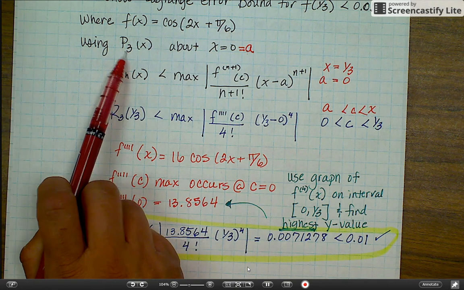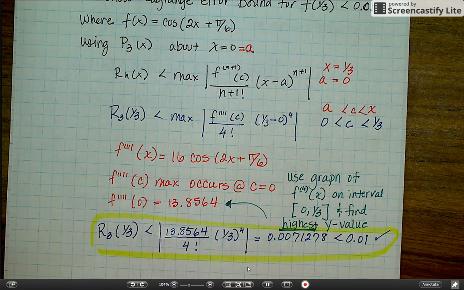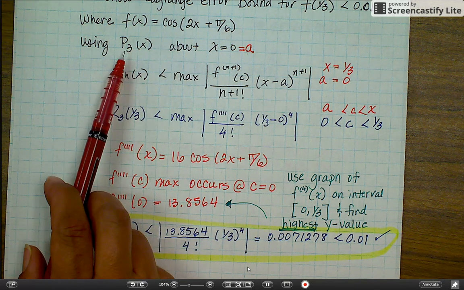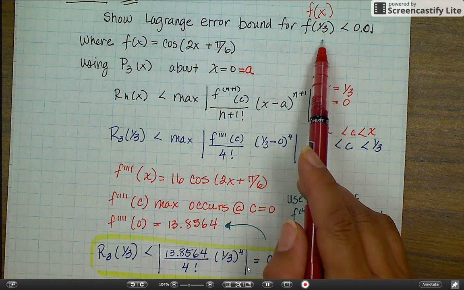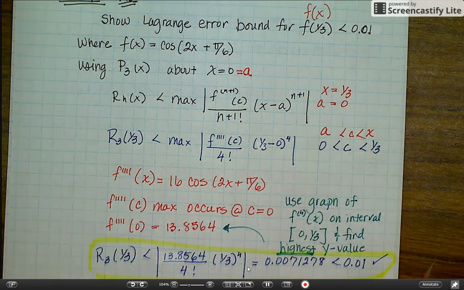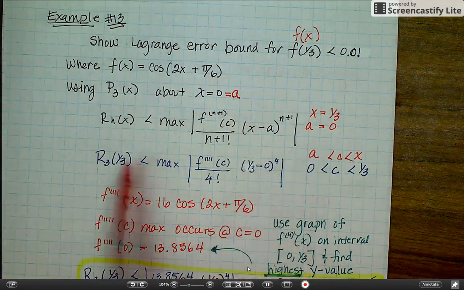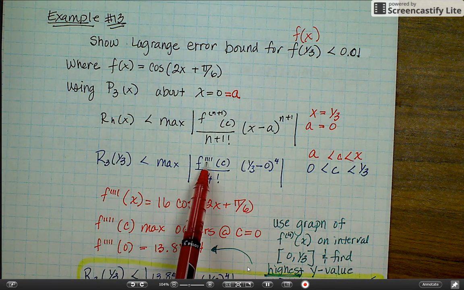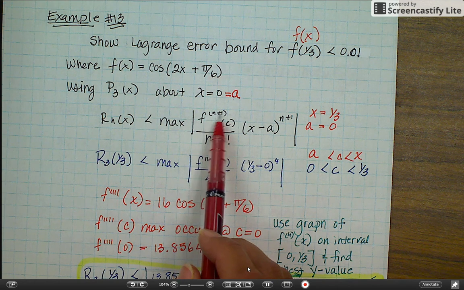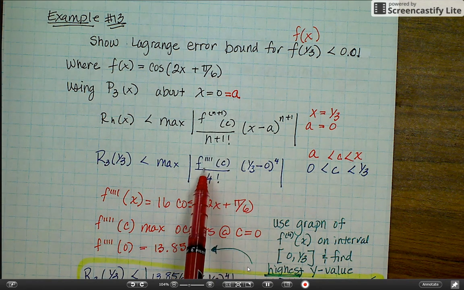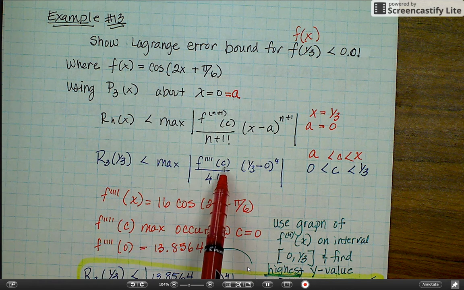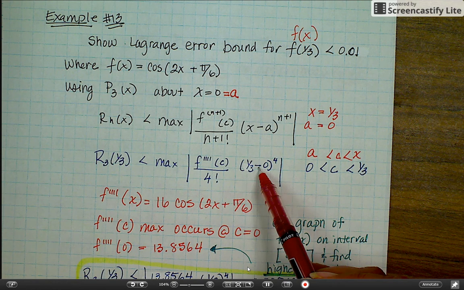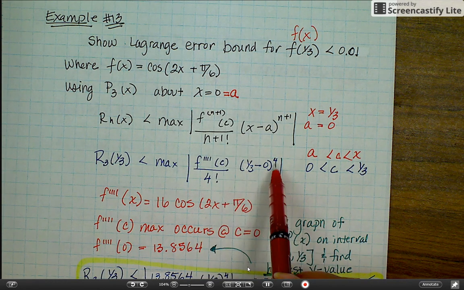I have a third degree Taylor polynomial. What would be my maximum error if I use that to approximate f of 1/3? So you input all the values into your formula. Your x is 1/3, the maximum of the fourth derivative, since 3 plus 1 is 4, at c divided by 4 factorial, and then my x is 1/3 minus my a, so that is (1/3 minus 0) to the fourth.